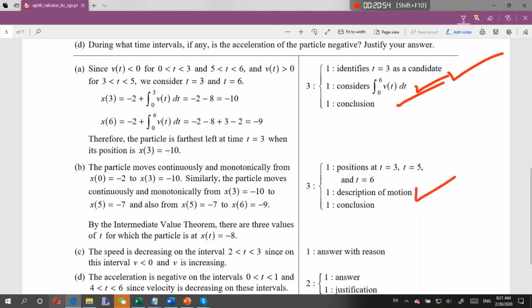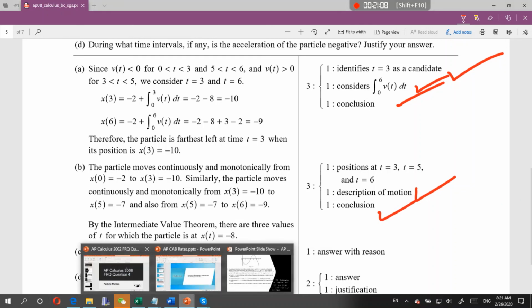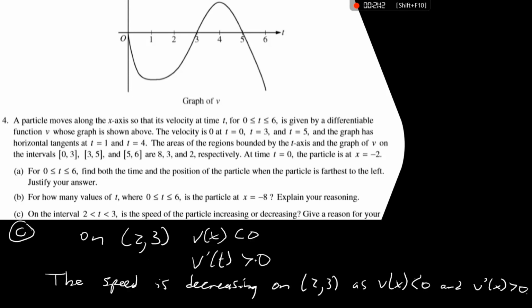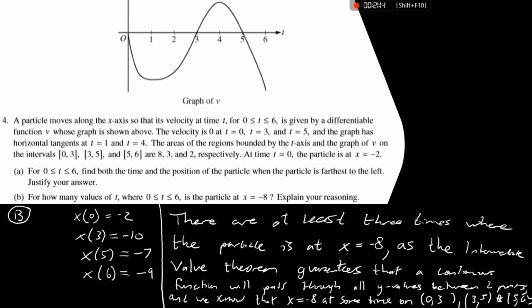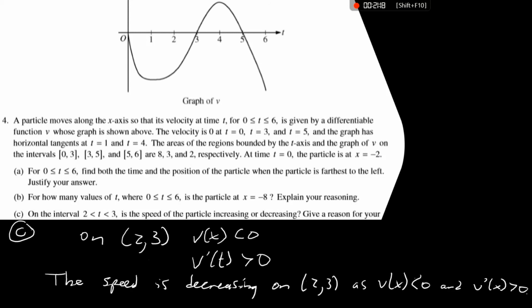We did the description of the motion, and the conclusion. Intermediate value theorem, we had 3 values. Did we consider position at 3, 5, and 6? Yes, 3, 5, and 6. So I'm going to give us that.